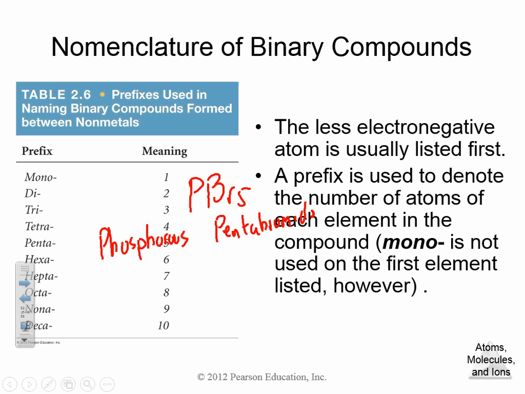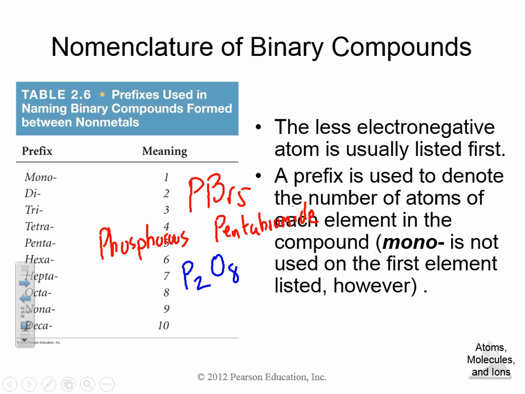Now, occasionally, you will have to put a prefix on the first element. So if we had an example like P2O8. Again, we have two nonmetals, so this is the only time we use these prefixes, binary compounds with two nonmetals. P2O8.